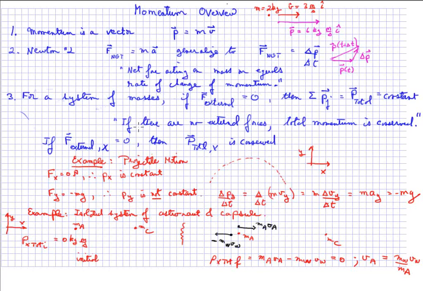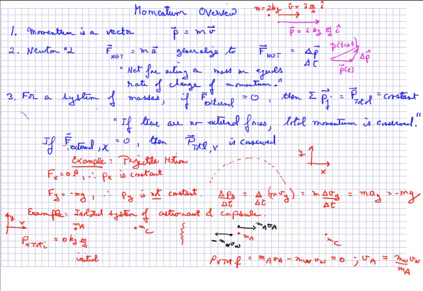In words, if there are no external forces, total momentum is conserved. And a special case of this is that the external force in a particular component direction is 0. So, for example, if the external force in the x direction is 0, then the momentum in the x direction is conserved.